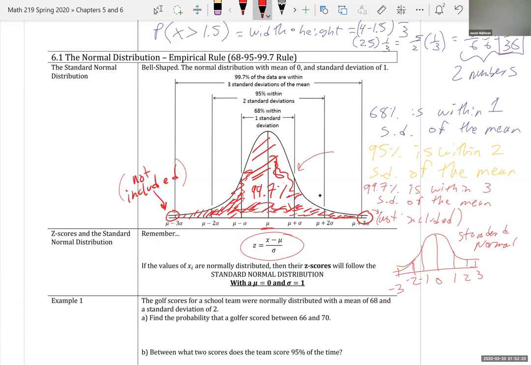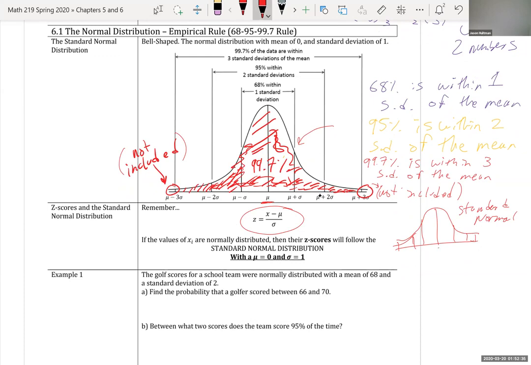And the way we do that is with our z-score. So we standardize what would be non-standardized. We would take values, say, like 68, 70, 72, and 66, and 64, and 62, and these are non-standard values.